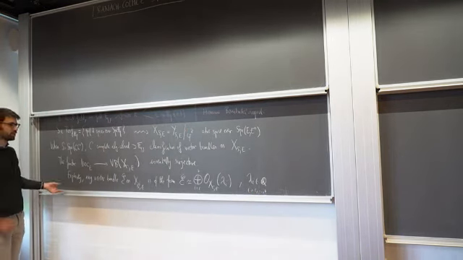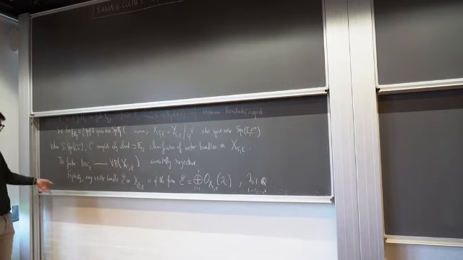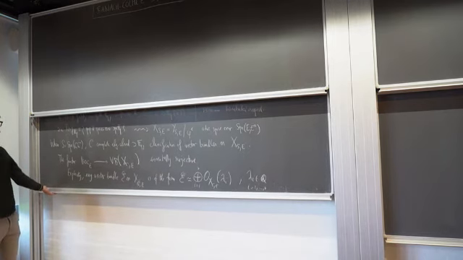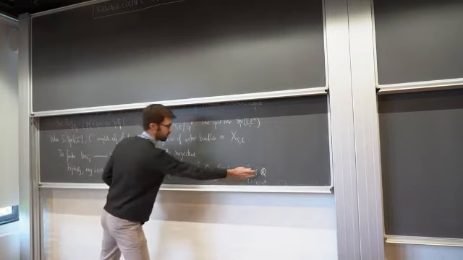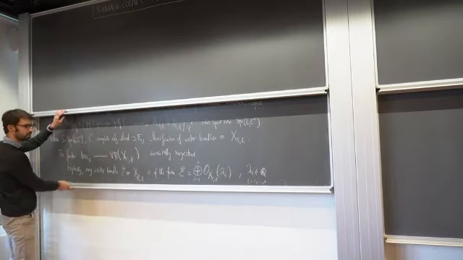So it looks a bit like the classification of vector bundles on the complex projective line, except that now you see rational numbers instead of just integers.